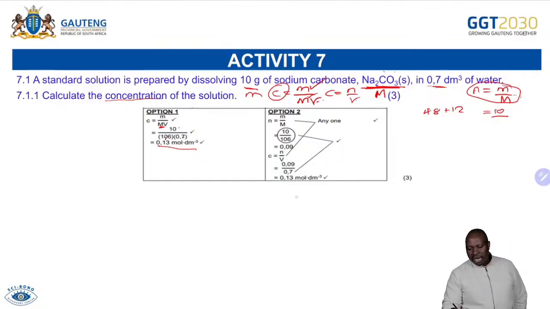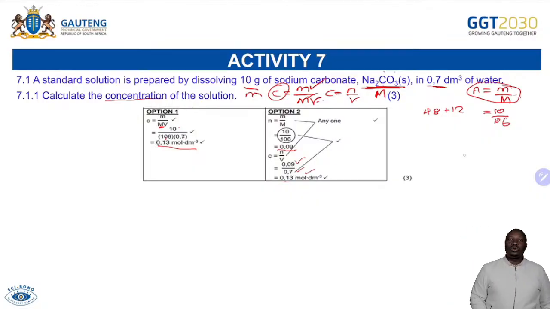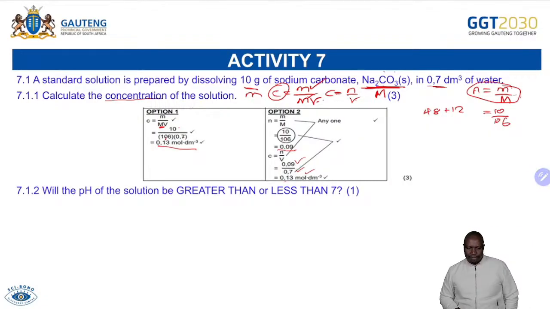Or you follow the steps, 10 divided by 106 to get the number of moles, which is 0.09. Then you use C equals n over V, 0.09 divided by the given volume, and you get that. But the number of marks will remain 3, whichever formula you choose to use.